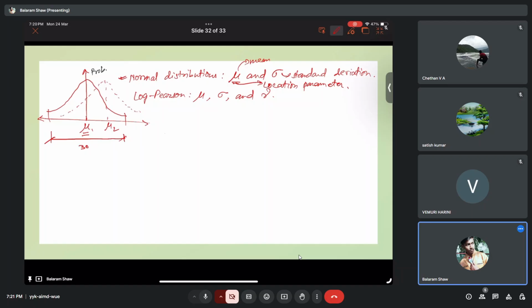Okay. Other than that, we also had one more thing, which was the confidence interval, right? So what is confidence interval or confidence limit? Confidence interval, confidence limits.